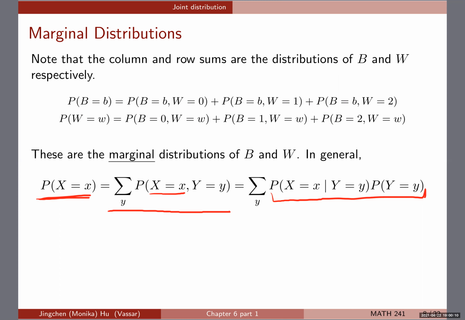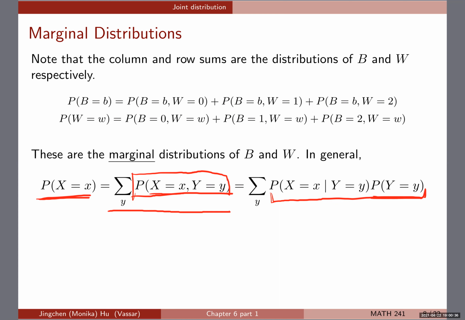Another important result is that if I have the joint probability of X equals x and Y equals y, in the socks example we could compute it. But sometimes if you can't, another way to get it is the marginal of y multiplied by the conditional of x given y.